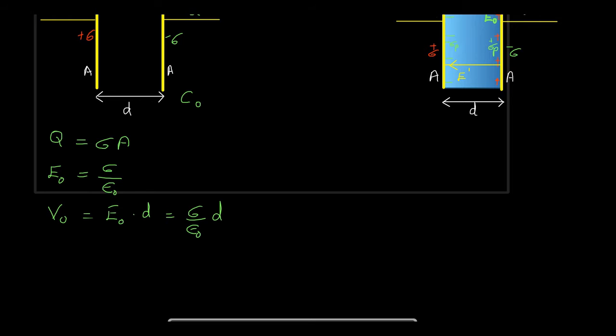Therefore, capacitance C0 equal to Q by V0, which is equal to sigma A divided by sigma d by epsilon naught. Sigma gets cancelled out.